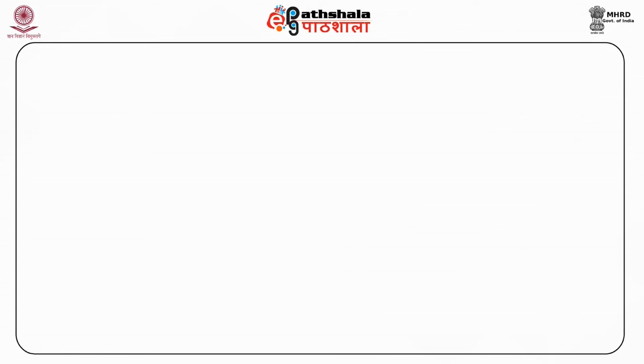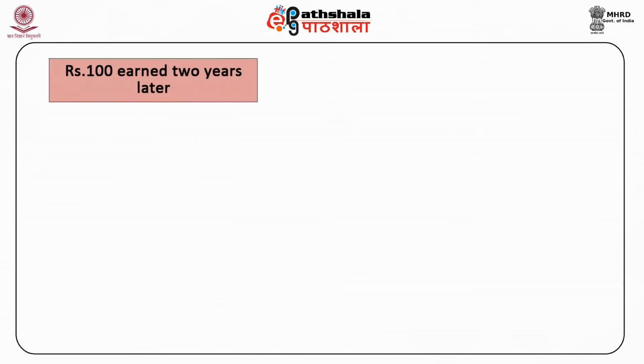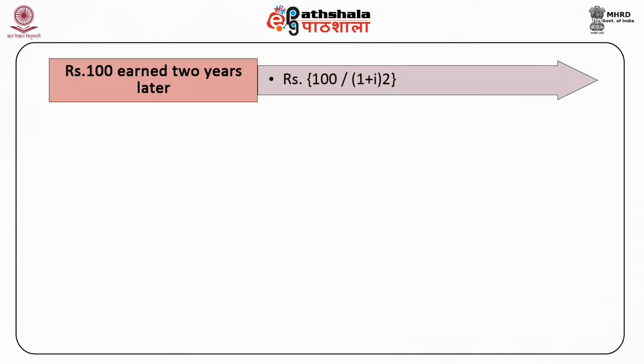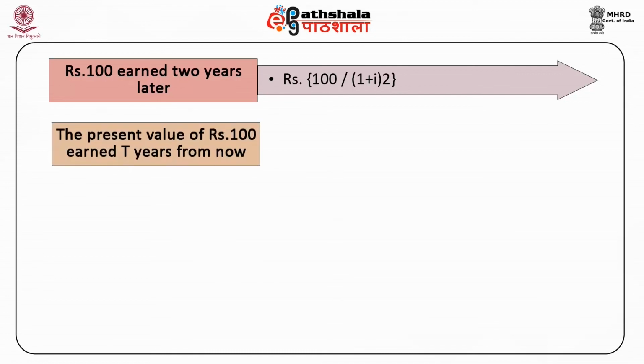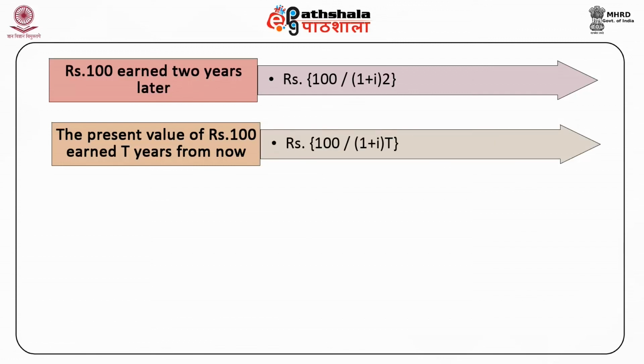Using similar logic, the present value of rupees 100 earned 2 years later is rupees 100 divided by (1 plus i) to the power 2, and the present value of rupees 100 earned t years from now is rupees 100 divided by (1 plus i) to the power t.